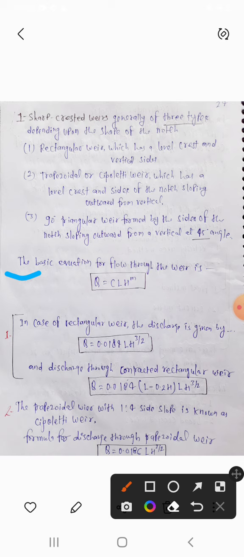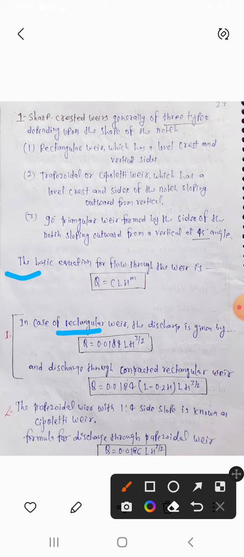As you know, sometimes different formulas are asked in exams. First, in case of rectangular weir, discharge is given by this formula: Q equals 0.0184 L H to the power 3/2, for a rectangular suppressed weir. Second, discharge through contracted weir is Q equals 0.0184 (L minus 0.2H) H to the power 3/2.